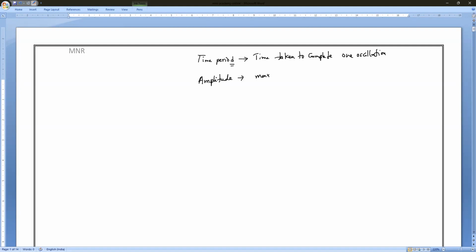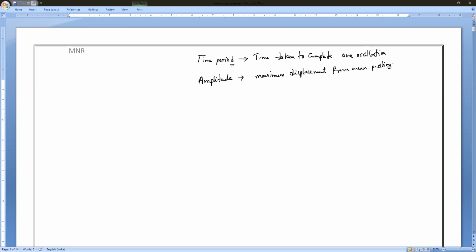The maximum displacement from which point? Yes, please respond: the mean position. Of a particle, that is what we call displacement. Is it right, guys? Please respond, all of you.